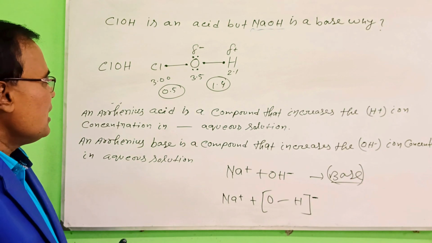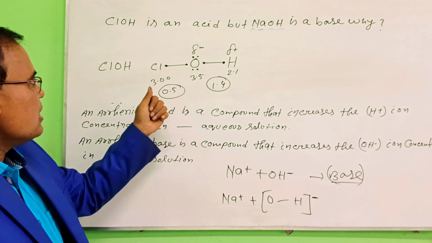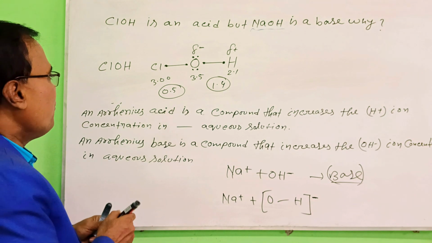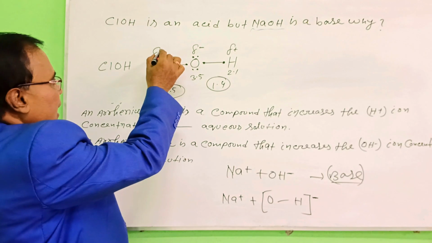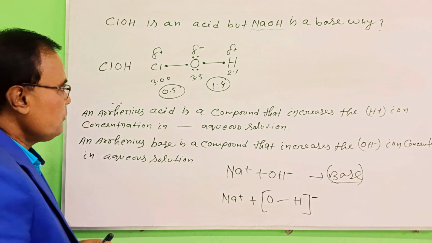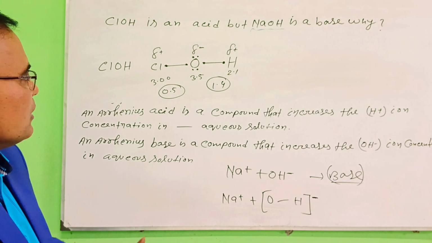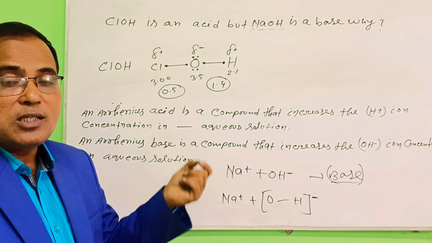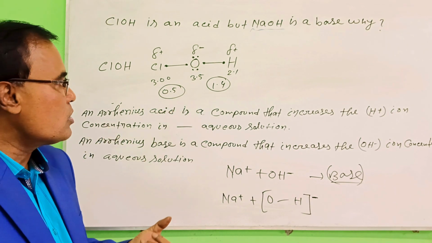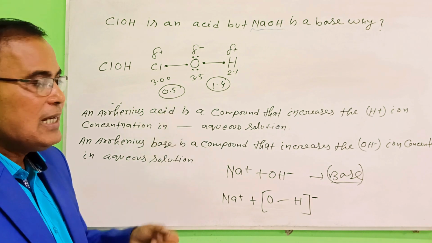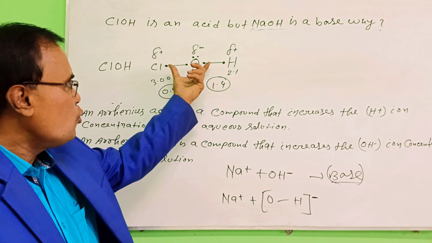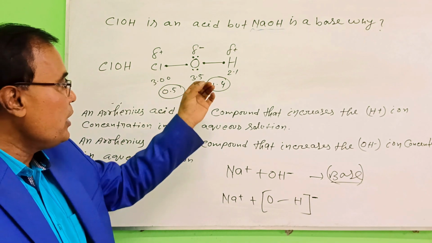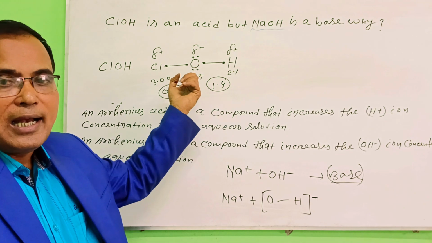On the other hand, the electronegativity difference between chlorine and oxygen is 0.5, so a positive pole is created at the chlorine end. Now, oxygen has shared 2 electrons, so the shared electrons will shift towards the oxygen atom.